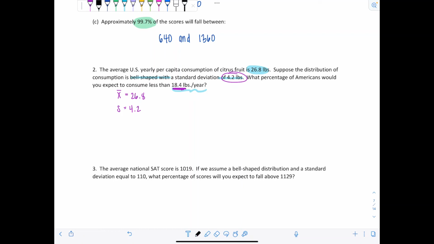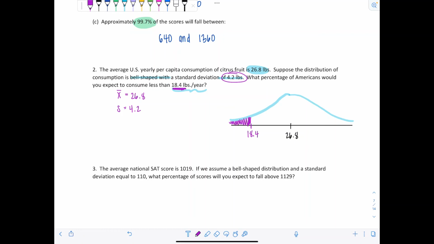So let's always just draw a rough distribution. X bar is going to go right in the middle, 26.8. You don't have to draw the bell curve, but if you want to, you can. So say here's 18.4. They want to know what percentage of the data is below there.